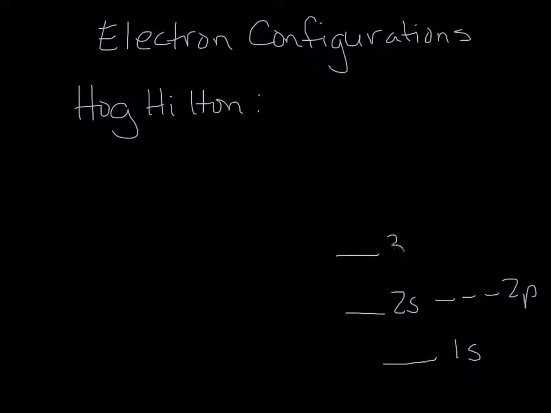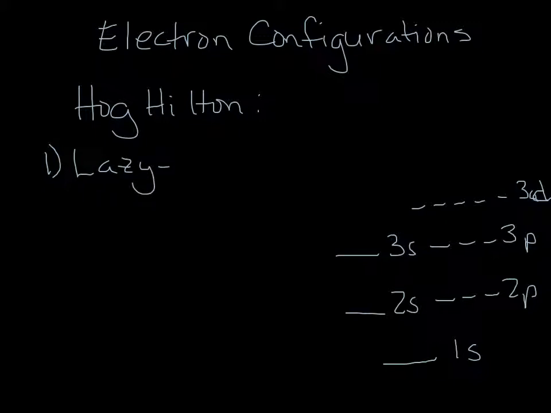On the third floor we had a 3S, 3P rooms, and 5 of the itty-bitty D rooms. You can just continue to go up from there, but that's as far as we really needed to get. And the 4 rules were, first off, they were lazy, so we fill the lowest level first.